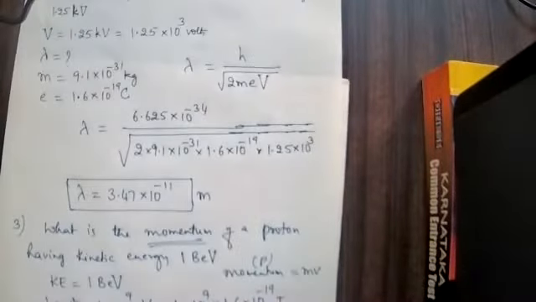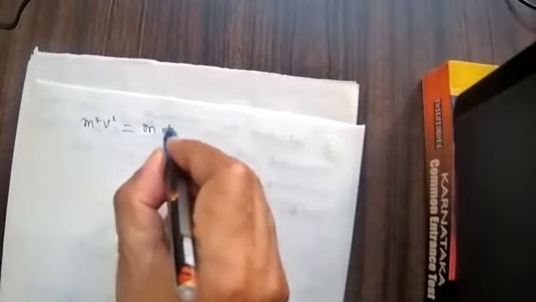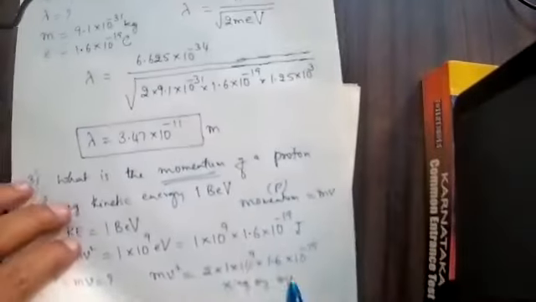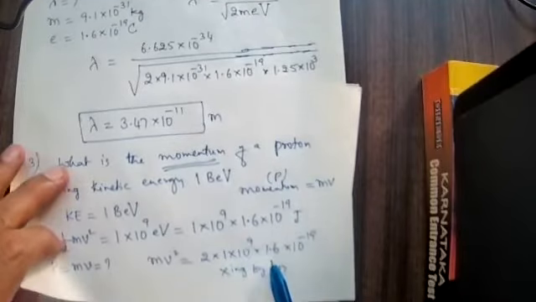Next stage. What is the next stage? mv whole square, m multiplied by m square v square is equal to, here multiplying by m into 2 into 10 to the power 9 into 1.6 10 to the power minus 19, correct?